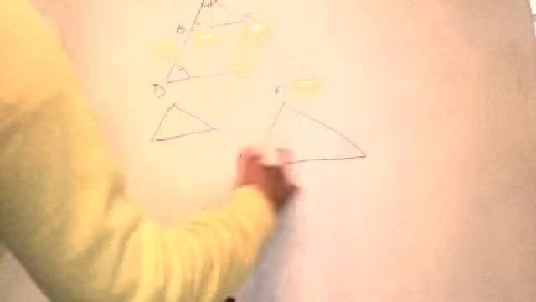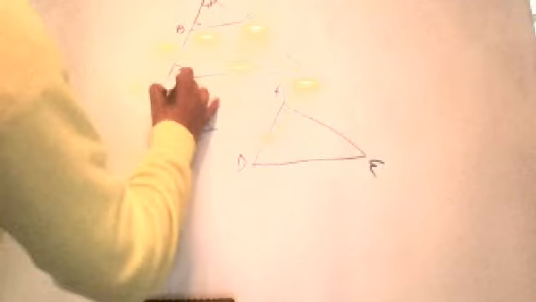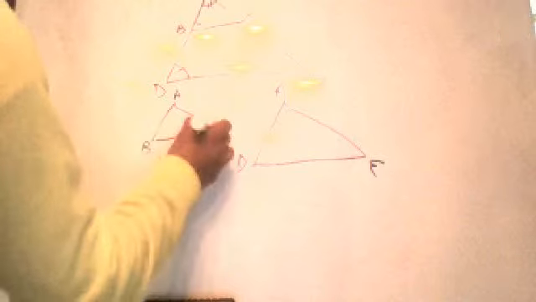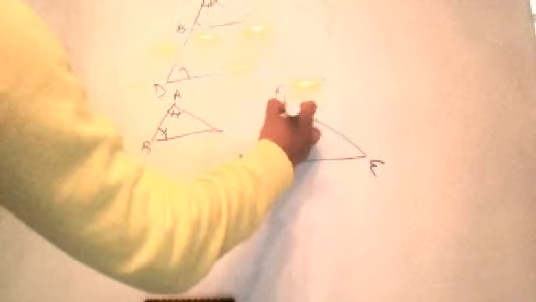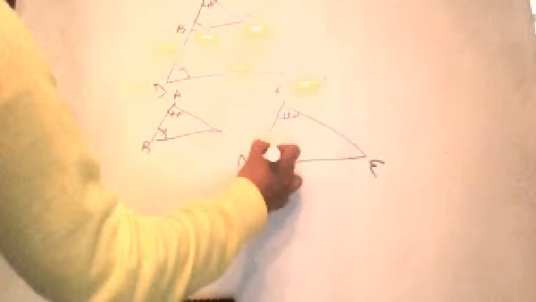For example, 24.B. So we've got these two. What do these tick marks mean? That means they're equal. Okay?